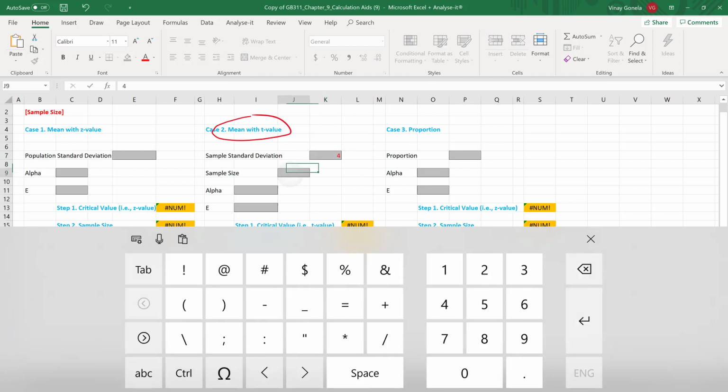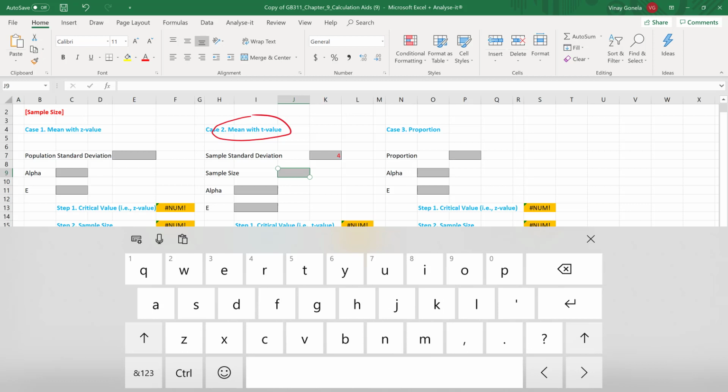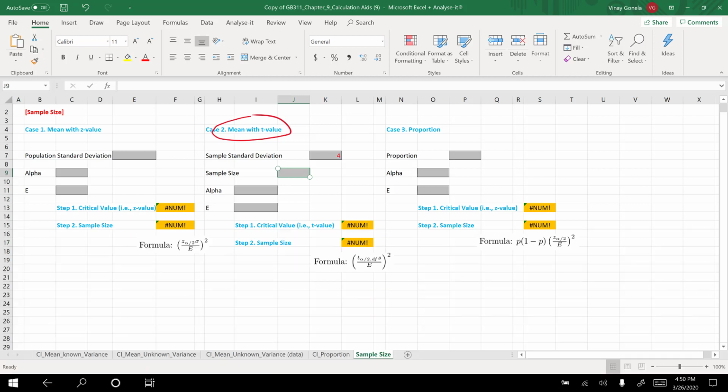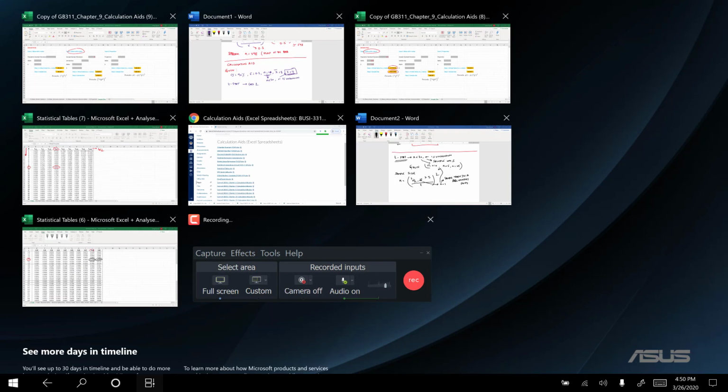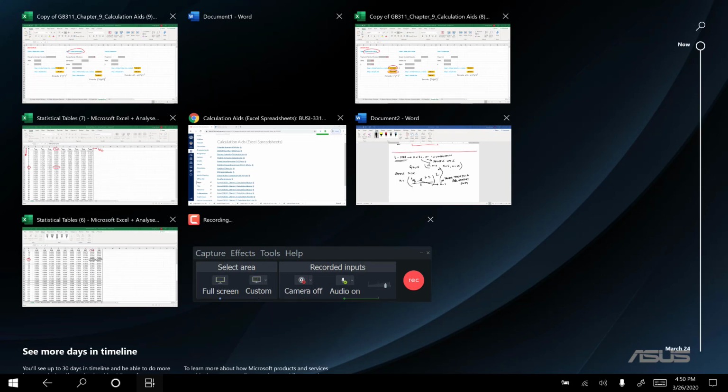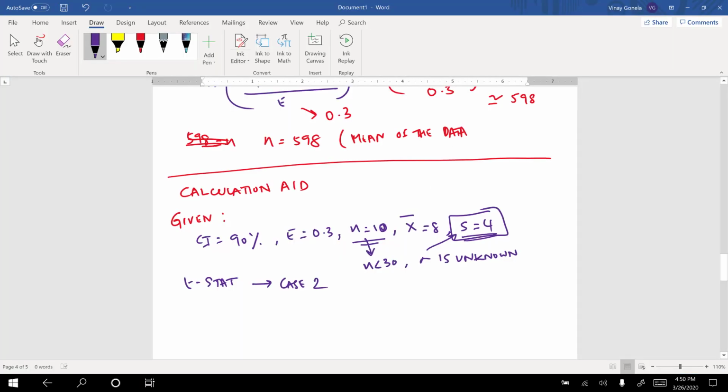And then you see sample size, the difference between case 1 and case 2, we have a sample size. So what is our sample size? Our sample size is 10.